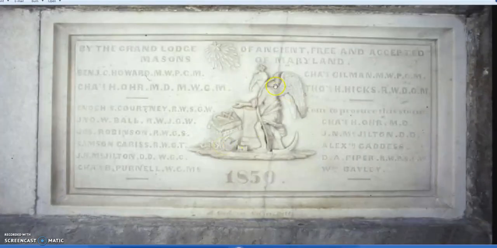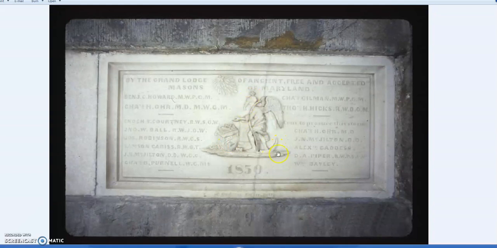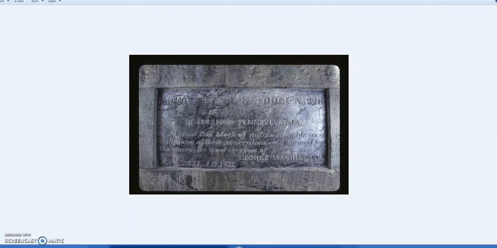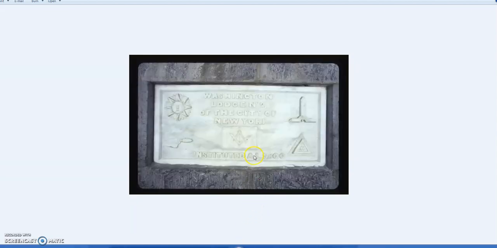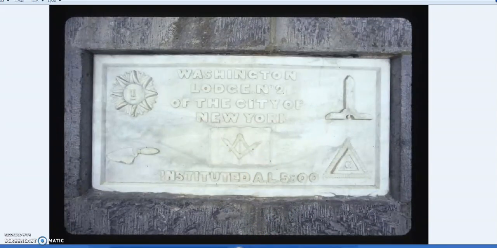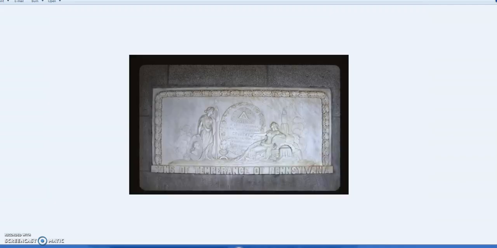And just Mason's Park, you might notice this one even got Thoth here, otherwise dressed as Saturn or Kronos, and just Masons, Templars, Temperance.